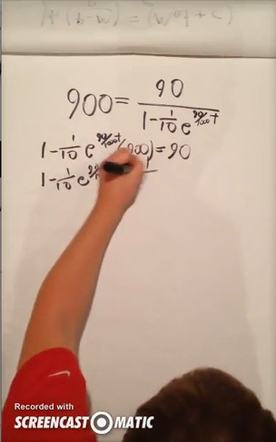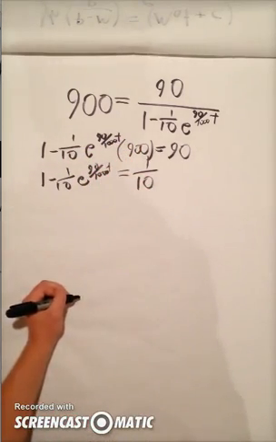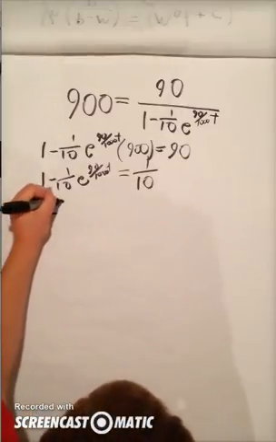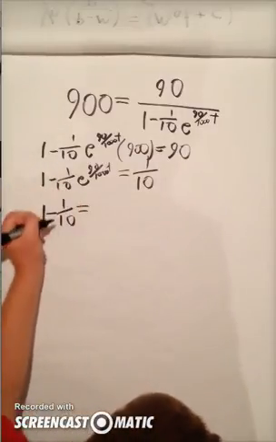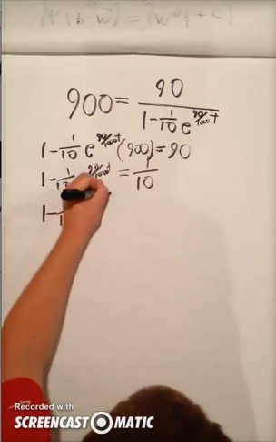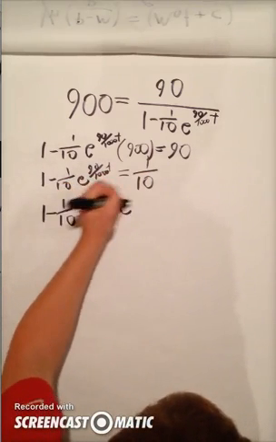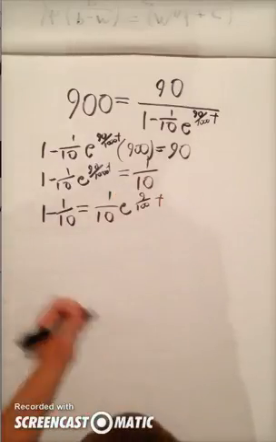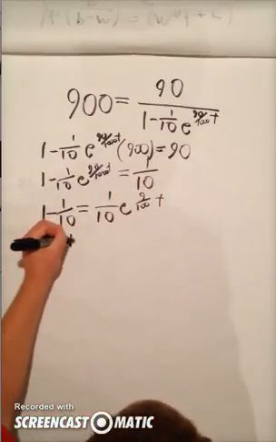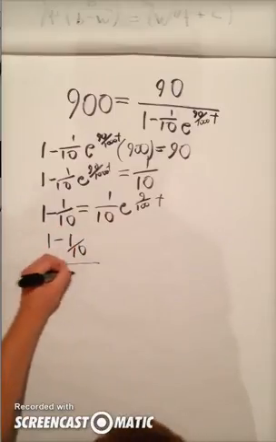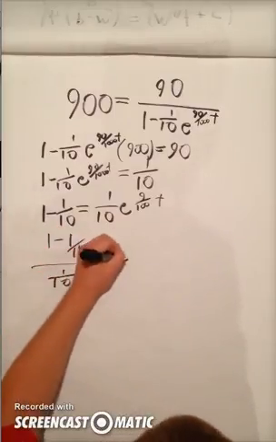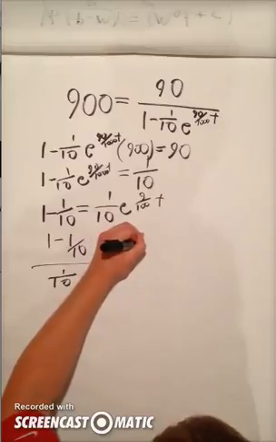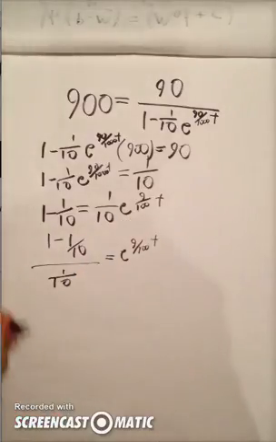What is this? 1/10. Let's see. 1 minus 1/10. I'll simplify that a little bit. We'll divide this by 1/10. All right.